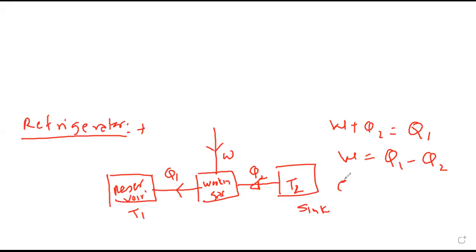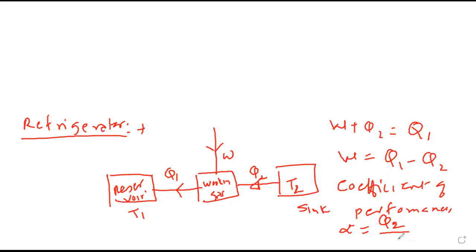But its working is given by coefficient of performance, which can be written as alpha equals heat extracted Q2 upon work. It is the opposite, not work upon heat, but heat extracted upon work.